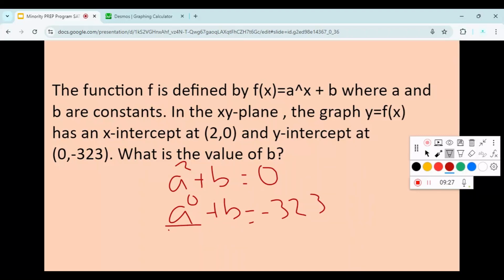So when a is raised to the power of 0, this is 1, no matter what. So we can solve for b just by doing this. And you can see that when we move 1 to the other side, you're going to get b is equal to 324. And that should be your final answer.